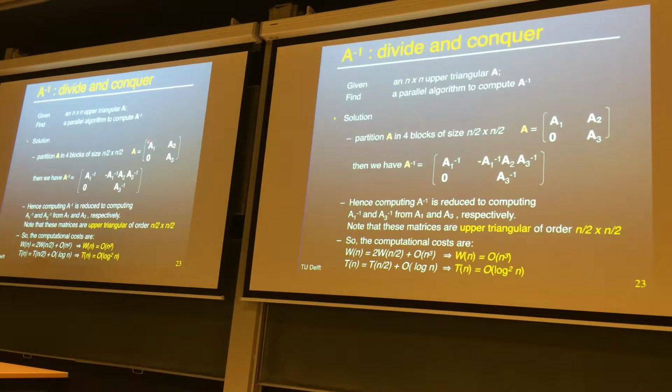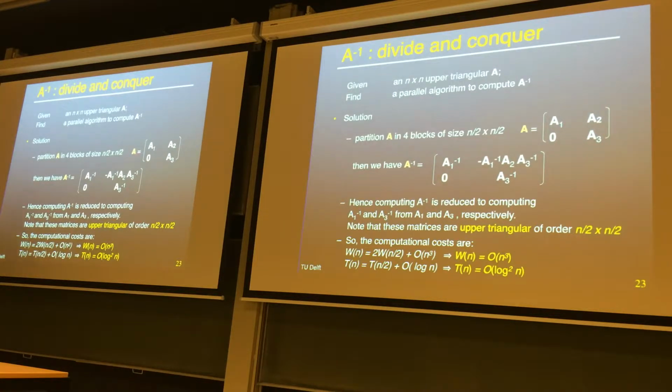From these submatrices, we also know that they should be upper triangular. If you have a block of zeros here, then this matrix should be upper triangular, this matrix should also be upper triangular in order for A to be upper triangular. Well, if you have such a matrix, then finding the inverse can be done quite easily.